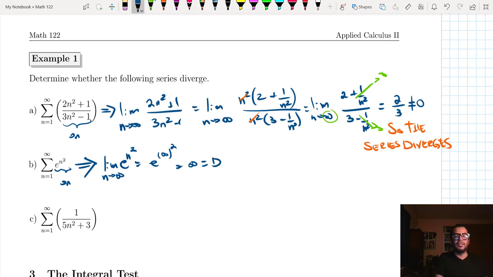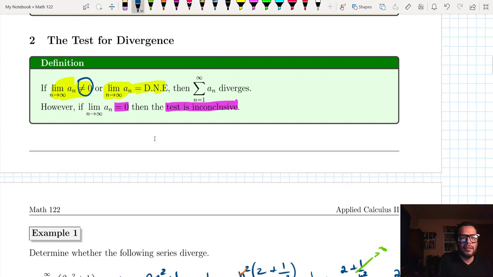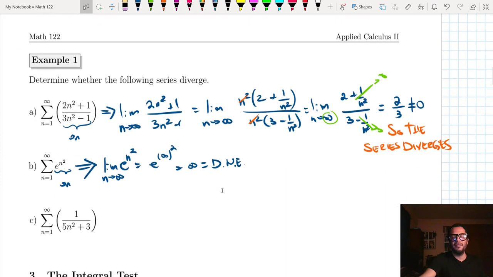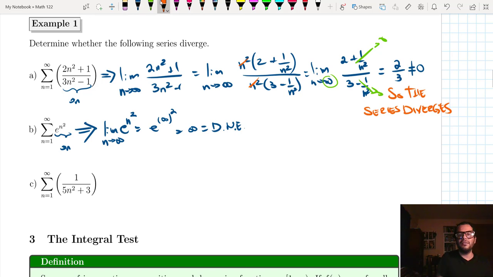Otherwise, DNE, there's no limit. The limit does not exist. And according to this criteria, when we get a DNE, the series diverges. So that's enough evidence to tell that the series diverges.